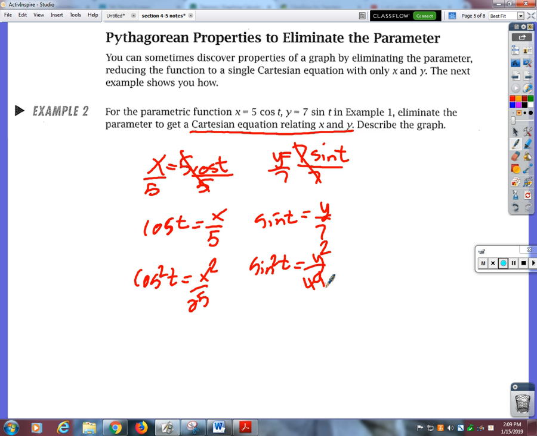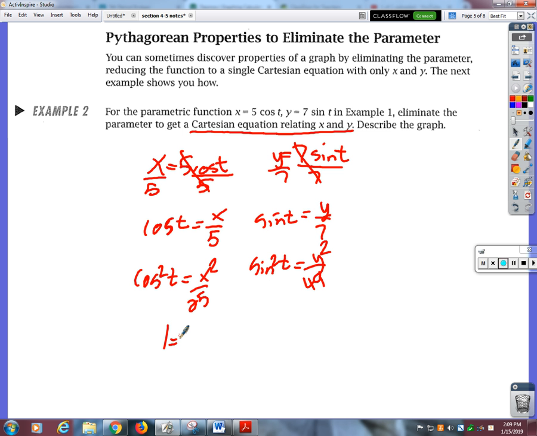Okay, Mylena's freaking out because I haven't really explained why I'm doing this. Here is the big reveal. What I'm going to do now is add those two equations together. Because if I add cosine squared plus sine squared, what do I get? 1. So now the cosine and the sine are gone.